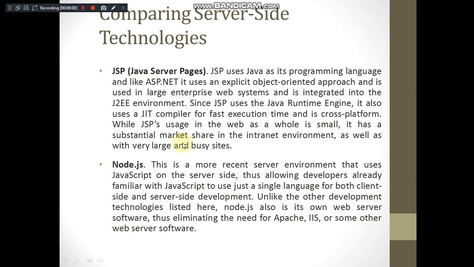So we have alternatives like JSP, Java Server Pages. It is also a programming language having most of the features of ASP.NET, and it is used in large enterprises for the web system development, and it comes integrated with the J2EE, and it makes use of a Java runtime engine, JIT compiler for faster execution, and one advantage of this compared to ASP.NET is cross-platform, that is platform independency, that what we get with the Java is also a feature that we see with the JSP.